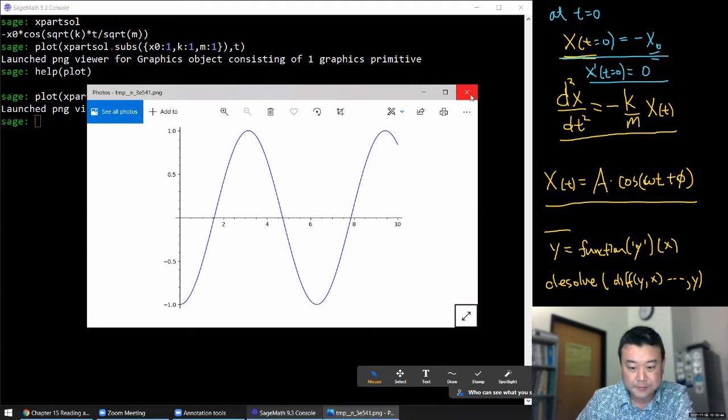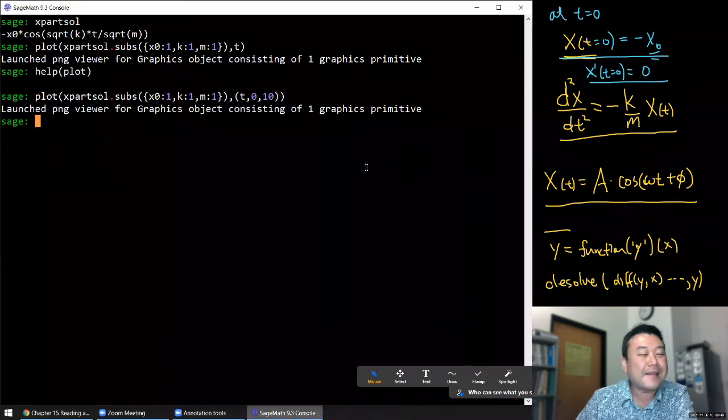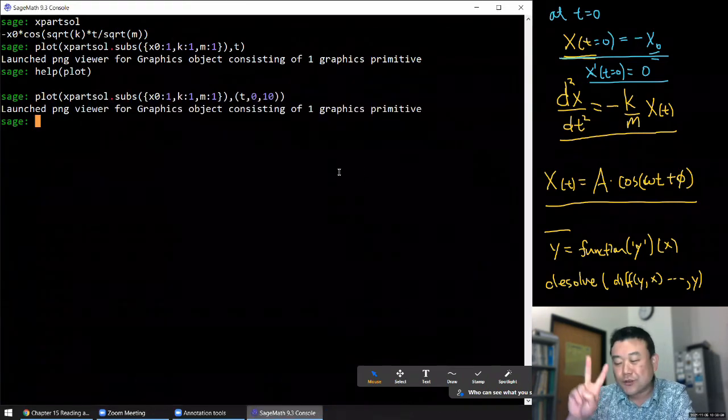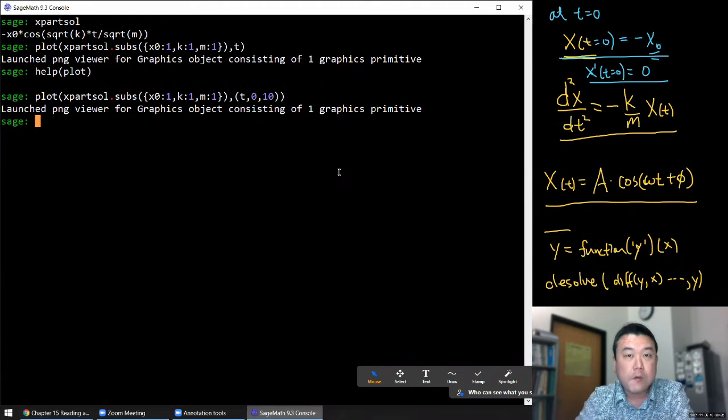So I guess the advantage of this approach, there are two advantages. One is that when we were just guessing the solution, we couldn't be sure that what we guessed was a unique solution.